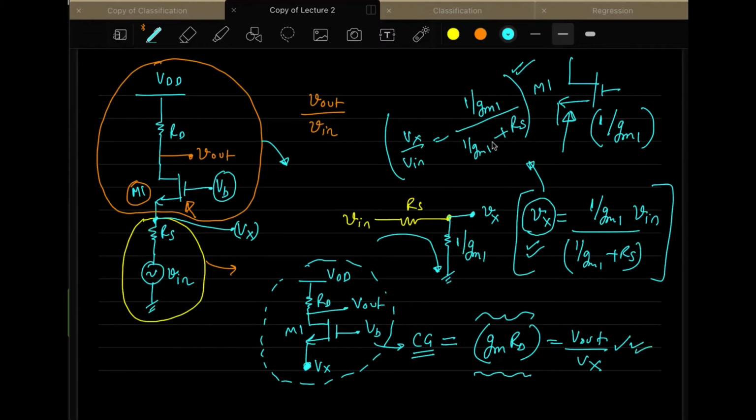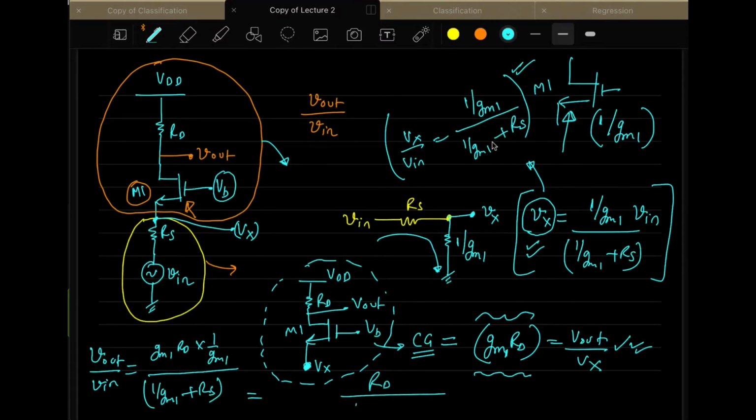When you multiply these two together, you will get Vout over Vin, which is gm1 Rd times (1/gm1) divided by (1/gm1 + Rs). So what you get at the output is Rd over (1/gm1 + Rs). So this is the answer for this particular circuit.